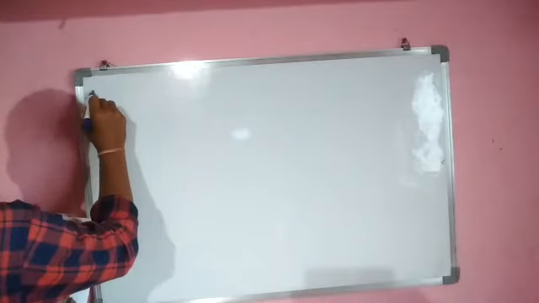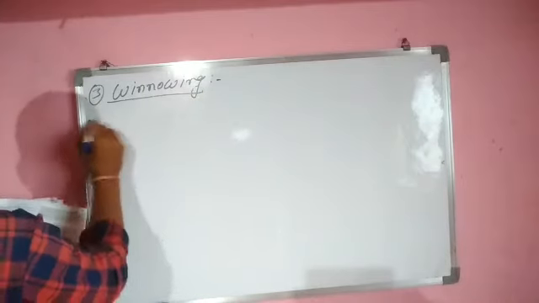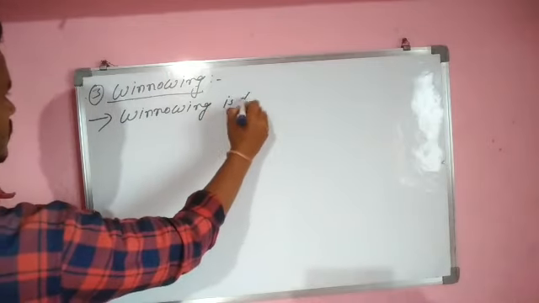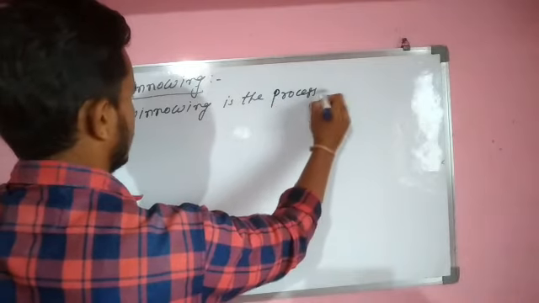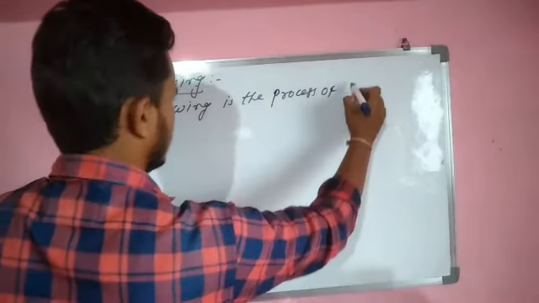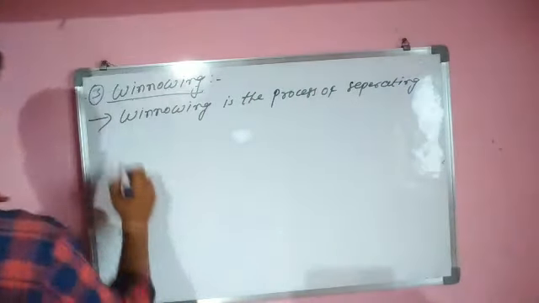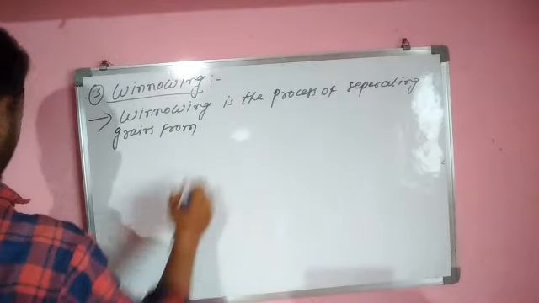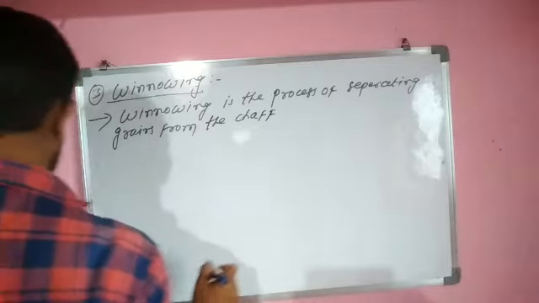Next one is number 3, winnowing. Winnowing is the process of separating grains from the chaff with the help of wind.